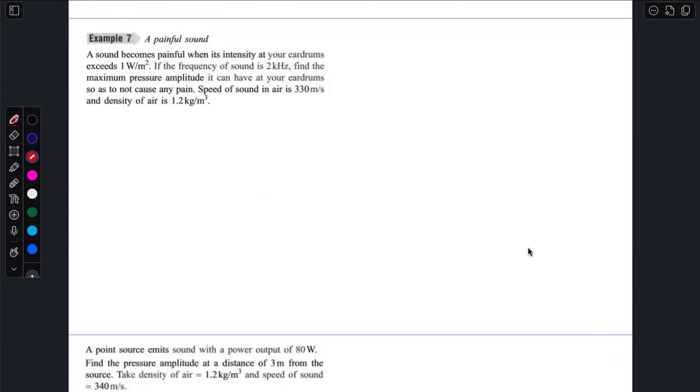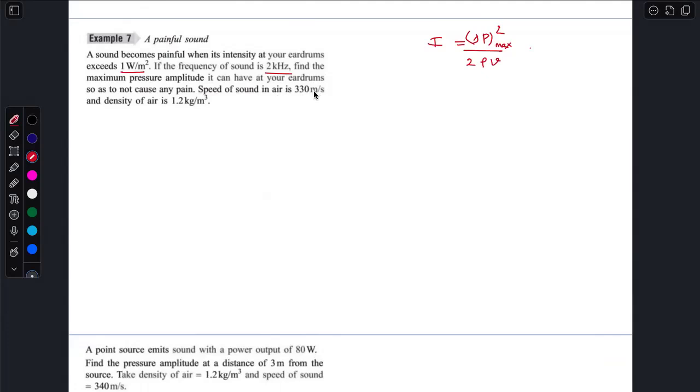We are still on the 10th page, 10th of 64. A sound becomes painful when its intensity at your eardrums exceeds 1 watt per meter square. Good question. Let me recall the intensity formula once. Intensity is delta P max squared by 2 rho v. That's it. Frequency of sound is given, maximum pressure amplitude is what they are asking.